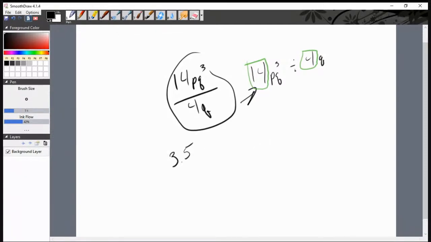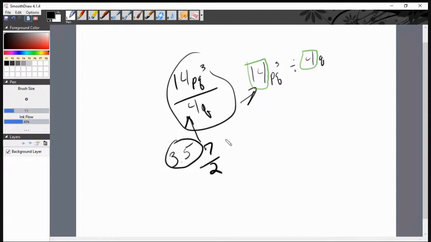So they want you to write it like this, 7 over 2, because that's this reduced. It's 3.5. It's still 14 divided by 4, but they want you to give it as a fraction reduced instead of 3.5. Does everybody see it?